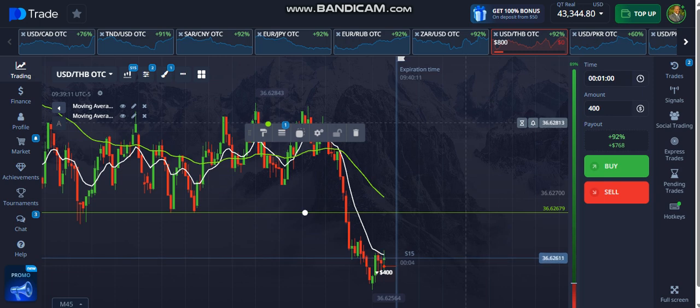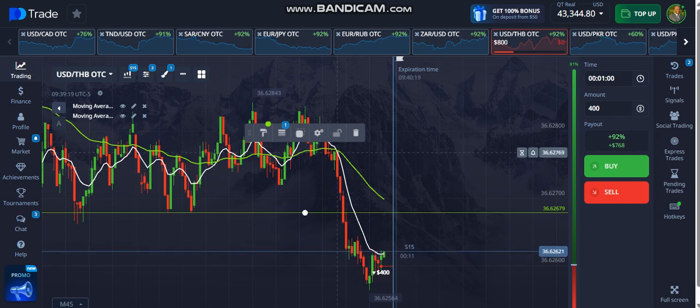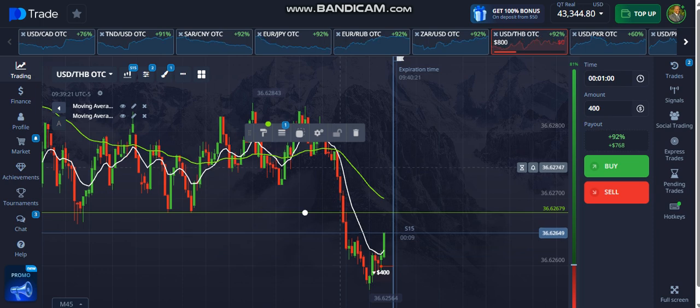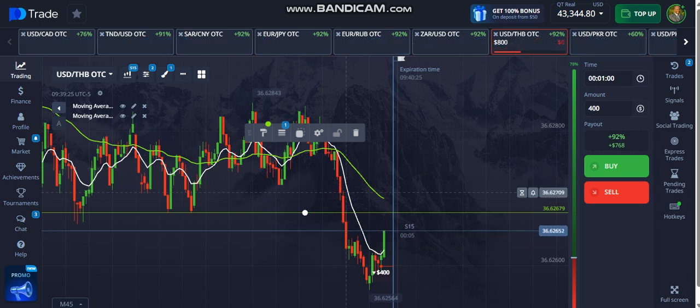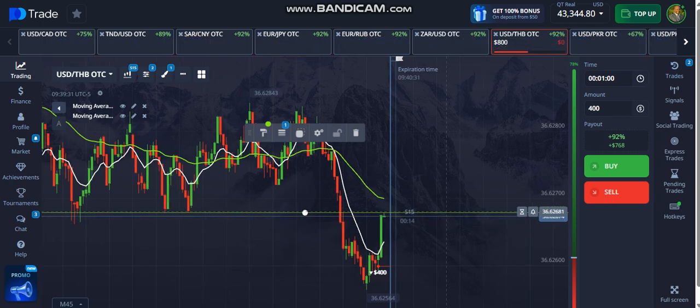Okay, so I'm back on the USD THB OTC pair, and similarly to the previous trade, there was a sharp crossover of the white 10 EMA with the 50 EMA. In addition to that, I waited for that level, that green line here.